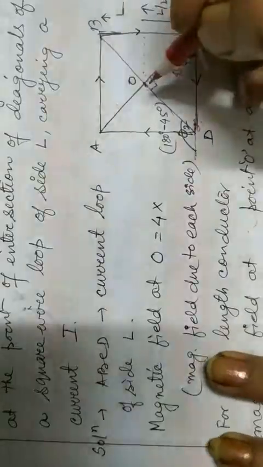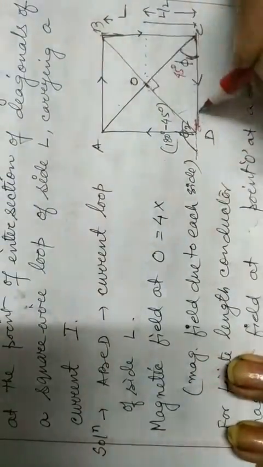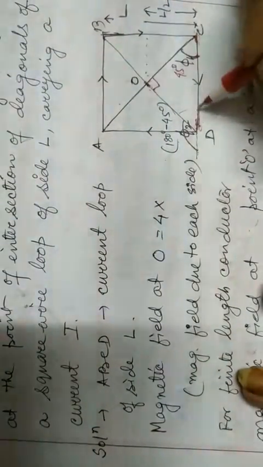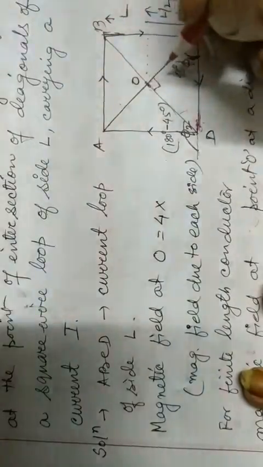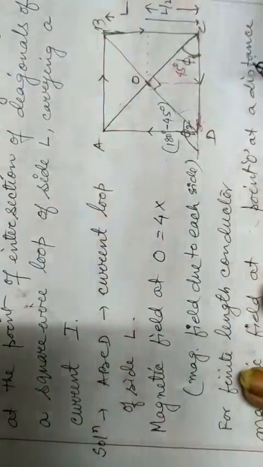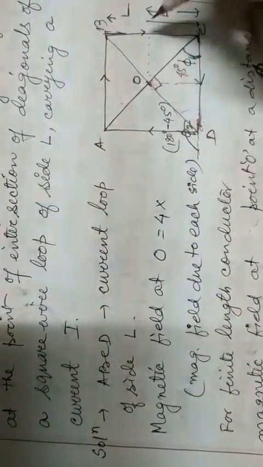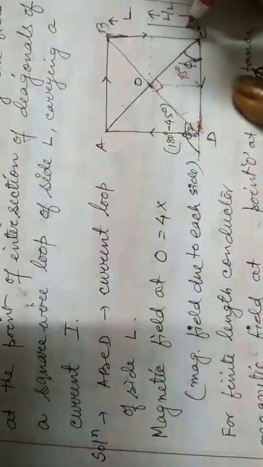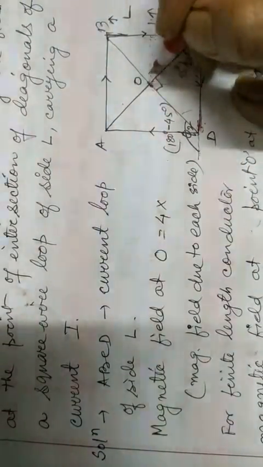Now one thing more to say: this point O, at what distance is it from this CD conductor? If we see this total side, it is L, so up to here it is L by 2.